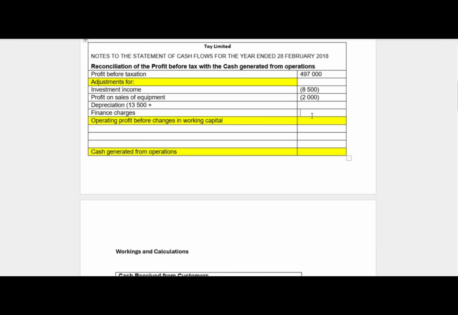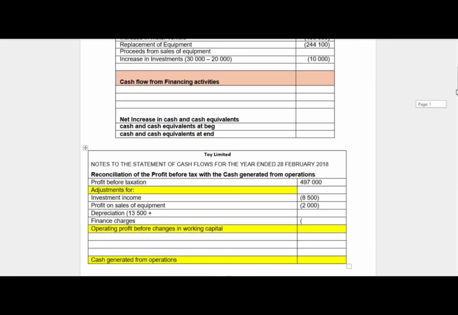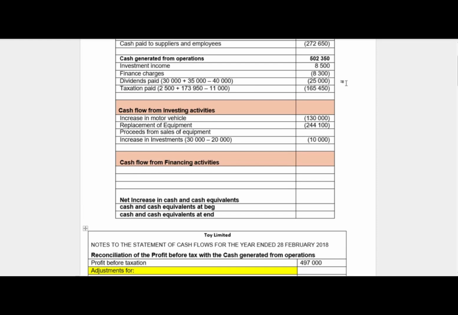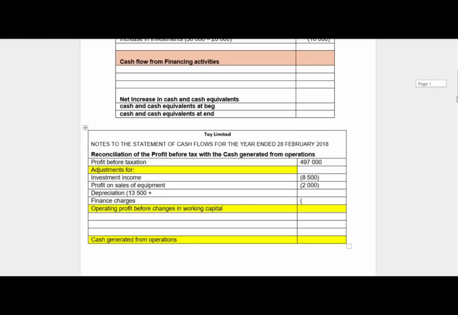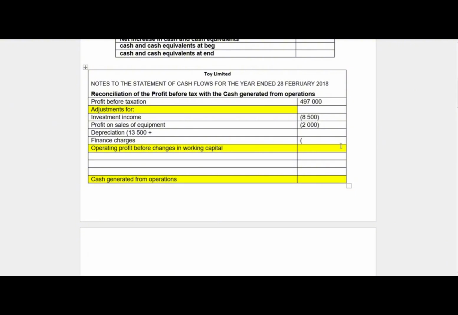We already have them in the cash flow, which is 8,300. But when we come to the reconciliation, we don't subtract, we just put them in, because on that side we subtracted. Here we don't subtract them. As I said, incomes that must be adjusted for, we less them, and expenses that must be adjusted for, we put them positively. All right, and then we are done there.